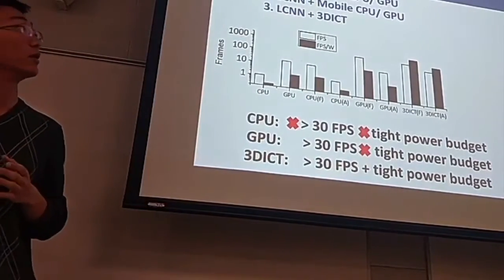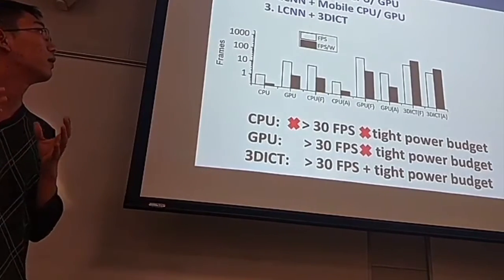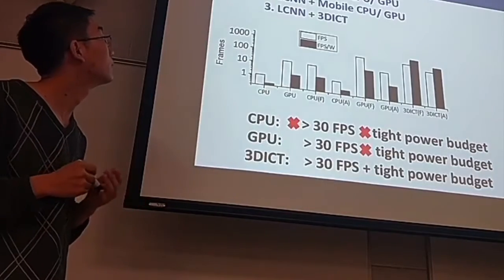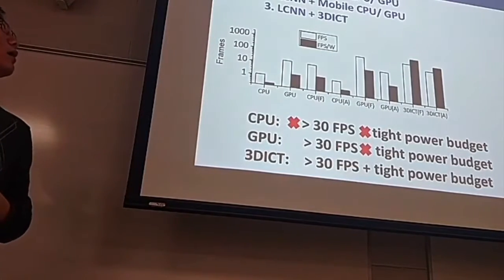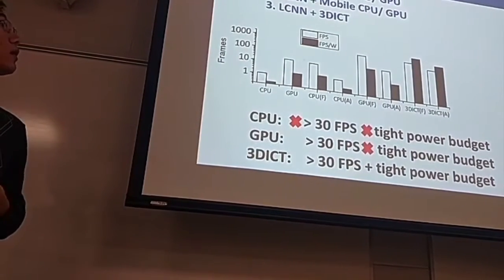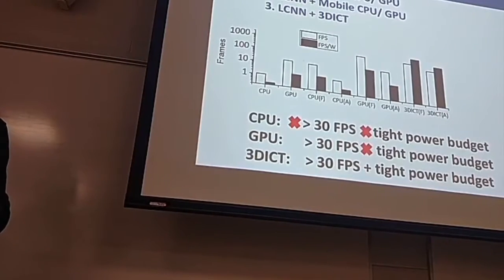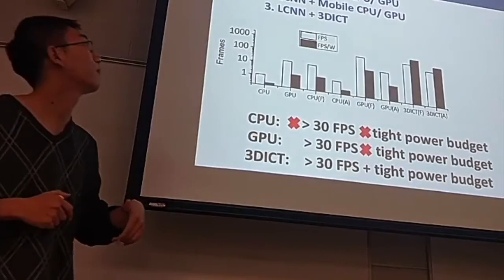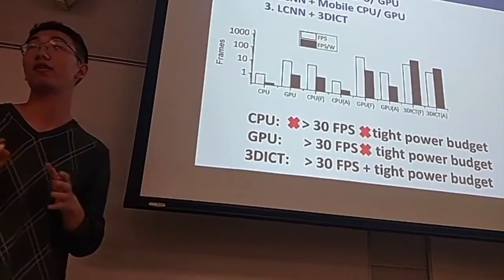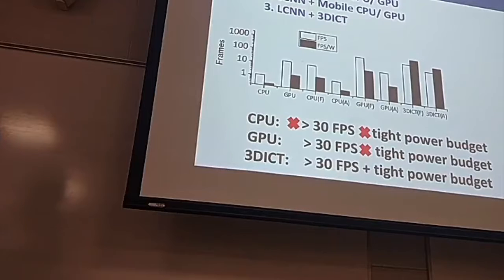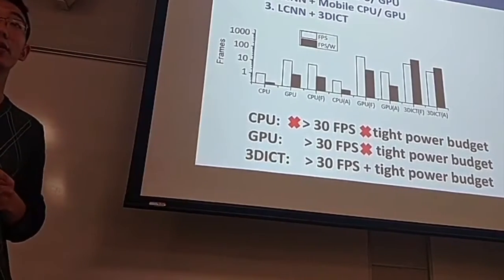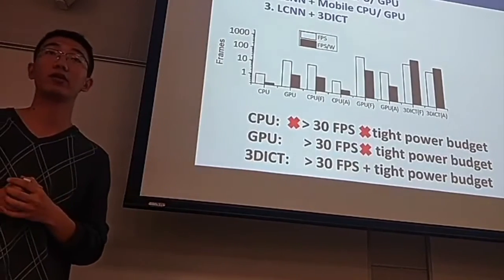The black bar represents the frames per second per watt, and the white bar represents the absolute frames per second. You can think of the FPS as performance, and the FPS per watt is a power metric. What's FPS? It's frames per second.